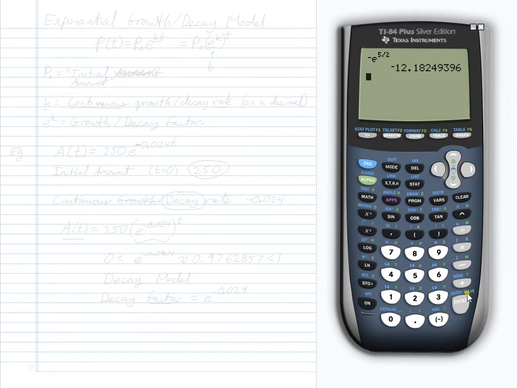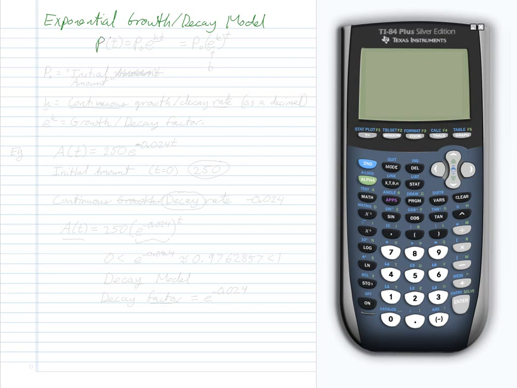In previous sections, particularly 6.1, we saw the exponential growth model, or decay, if our base was less than 1. We can form an exponential growth or decay model using the natural base as well. And its structure is very familiar.